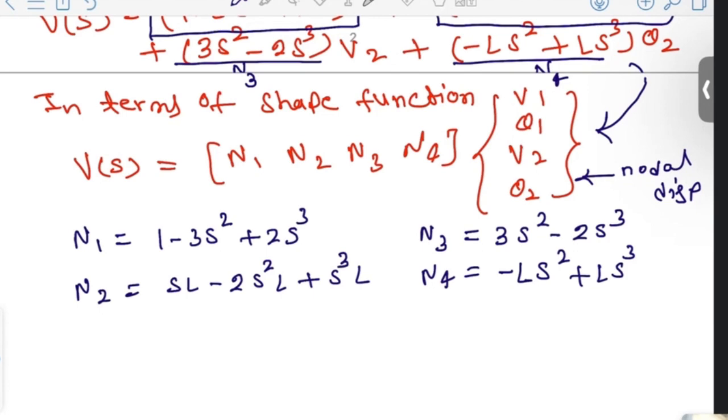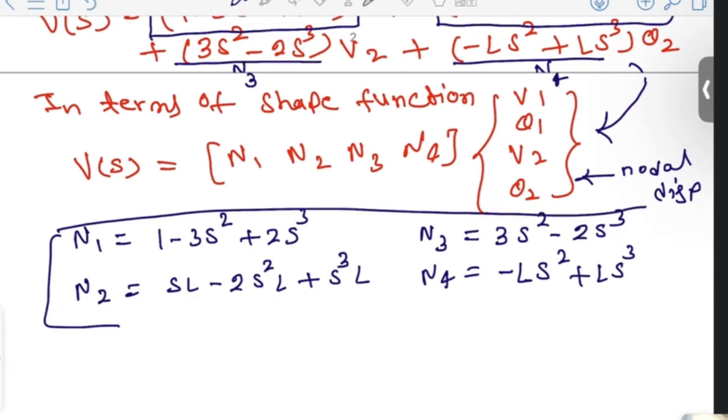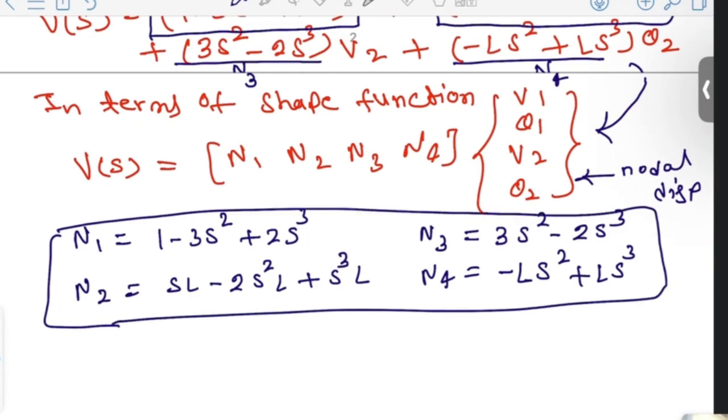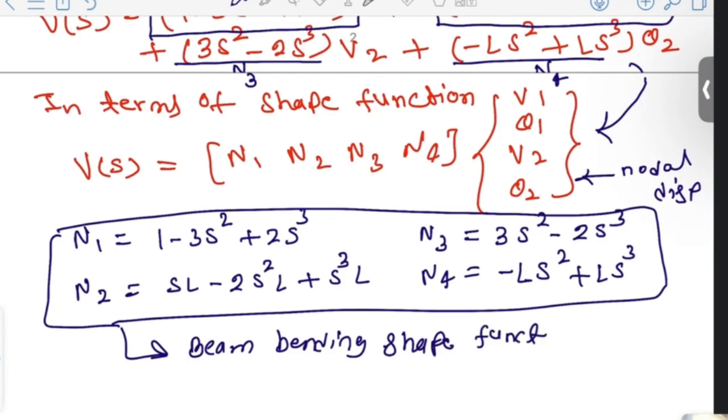These are the beam bending shape functions. Someone calls it shape function, someone calls it shear function also.